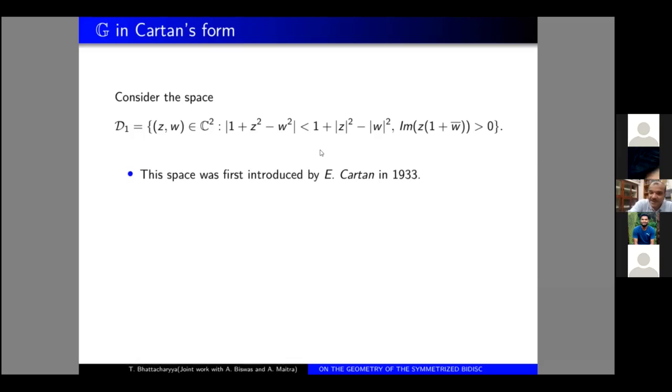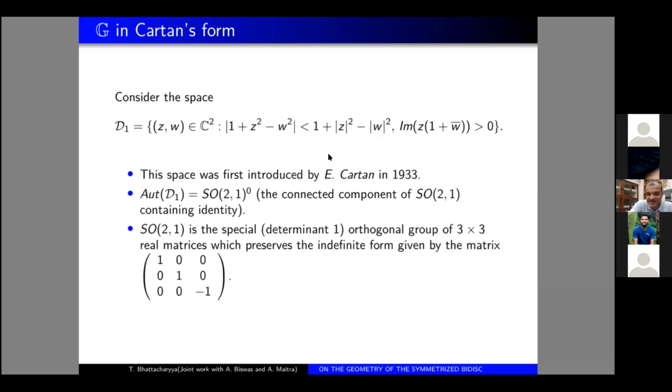Okay. And then I think we came to know from Isaev that this had been first studied by Cartan in 1933. The automorphism group is the special orthogonal group SO(2,1), the identity component. So the connected component of SO(2,1) which contains the identity. S means determinant 1, O for orthogonal, and 3 cross 3 real matrices.